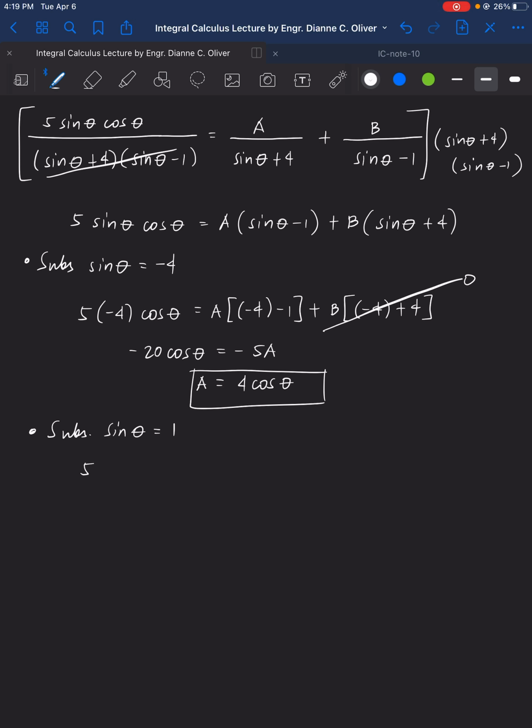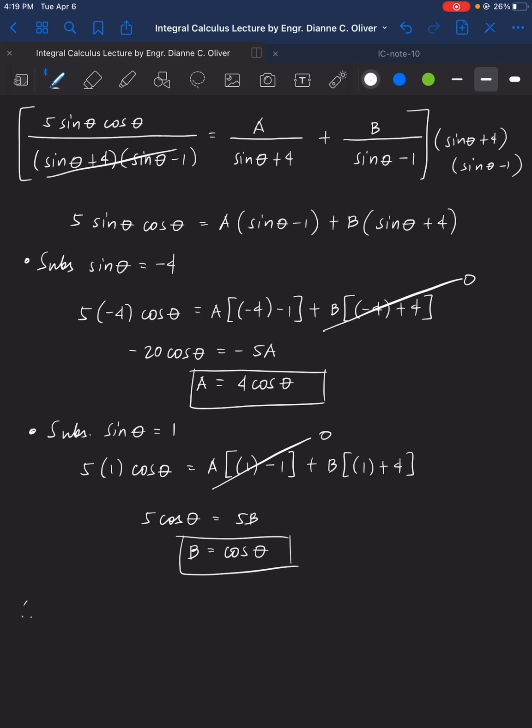So we have here 5 times 1 cosine theta is equal to A times 1 minus 1 plus B times 1 plus 4. Cancel this one out because it becomes 0. So we have 5 cosine theta is equal to 5B. Therefore, B is equal to cosine theta.